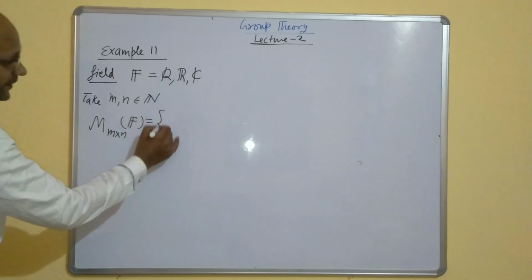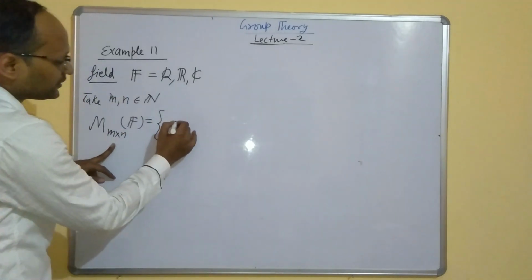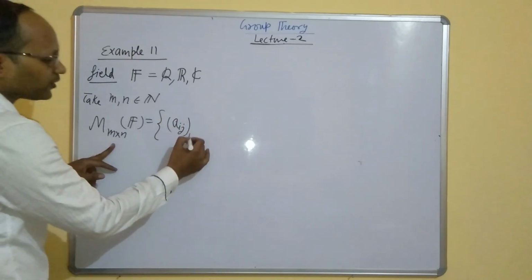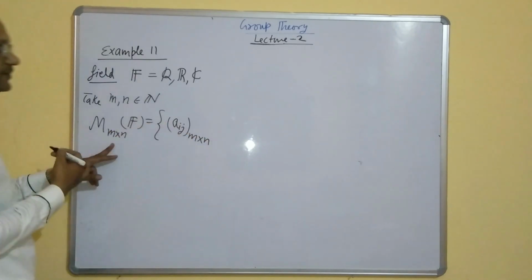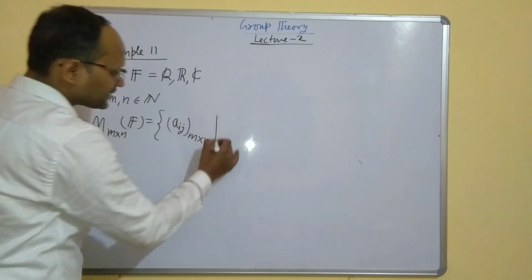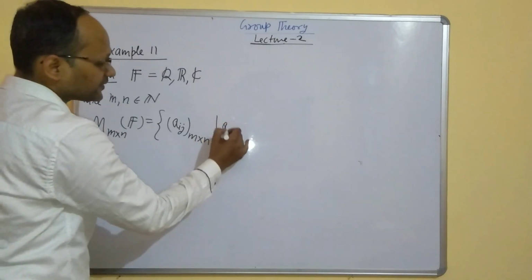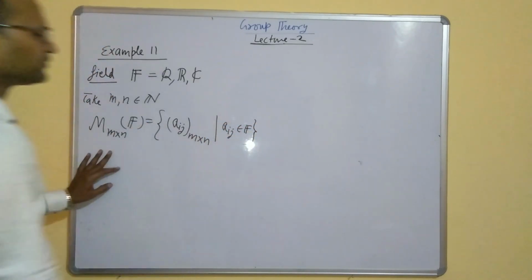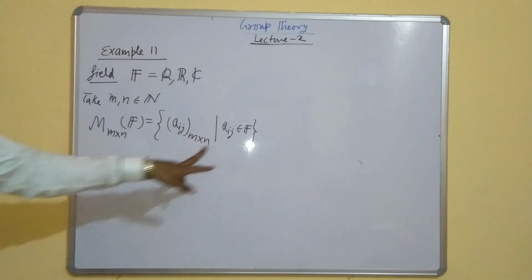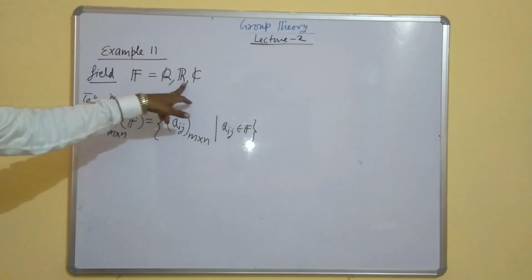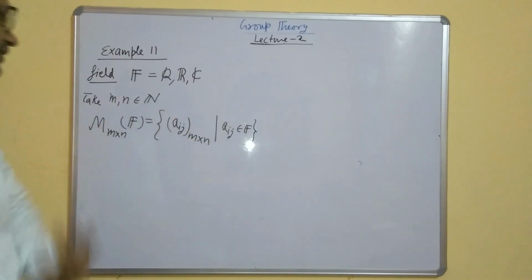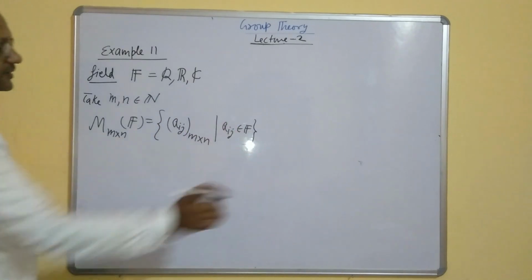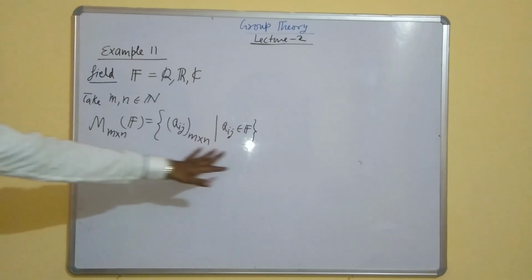This means the set of all matrices A_ij of order m cross n such that these entries A_ij belong to the field F. So you may take it in Q, you may take it in R, you may take it in C. Entries you can take from rational numbers, real numbers or complex numbers, or any other field if you know.